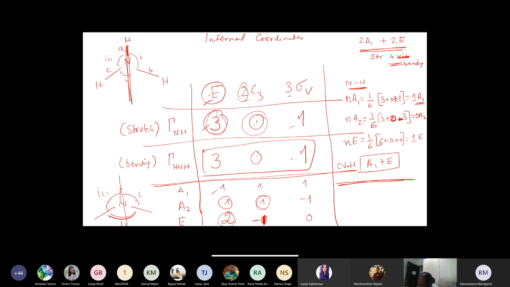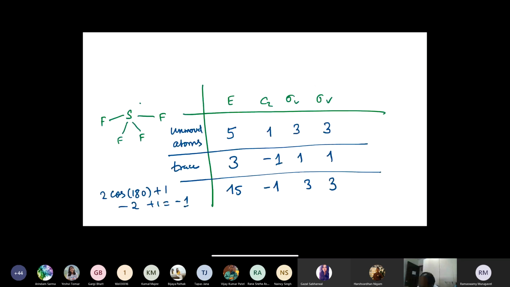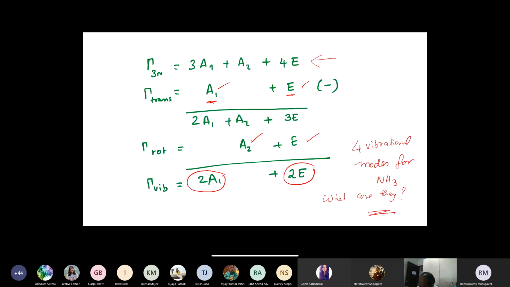So again you will get H N H, tau as A1 and E. So if you go back to the previous slide, you got two A1s and two E, of which one A1 and one E is stretching vibrations, and one A1 and one E is bending vibration.